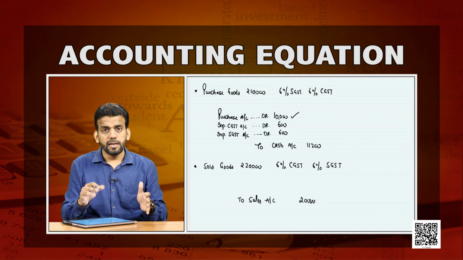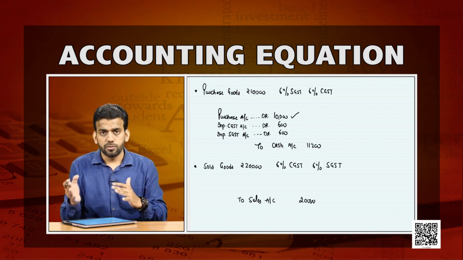This rate can vary from goods to goods, services to services, right? The way GST was going parallel with purchase, GST goes parallel with sales as well. If sales is credited, GST is also credited.